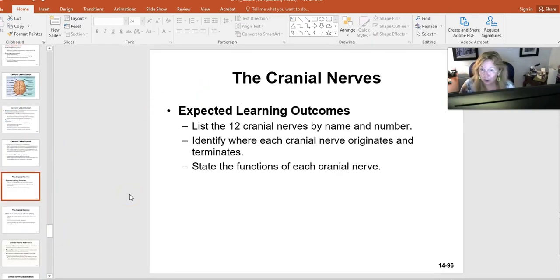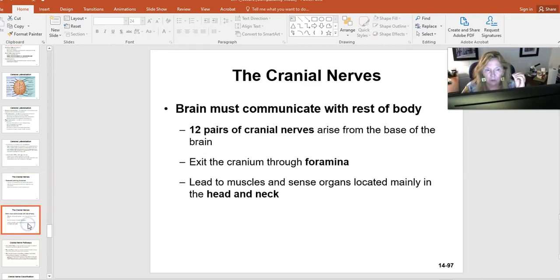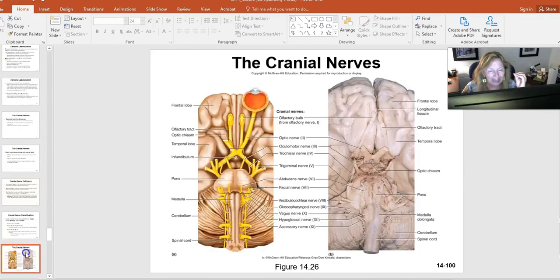The cranial nerves, the 12 pairs of cranial nerves that come from the brain, have been enumerated with Roman numerals, 1 to 12.